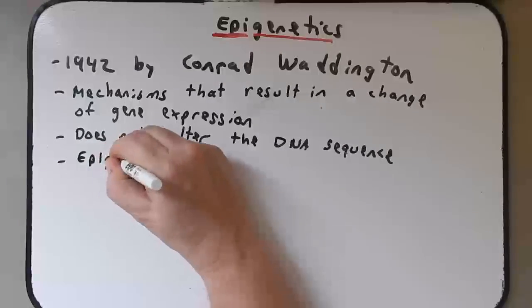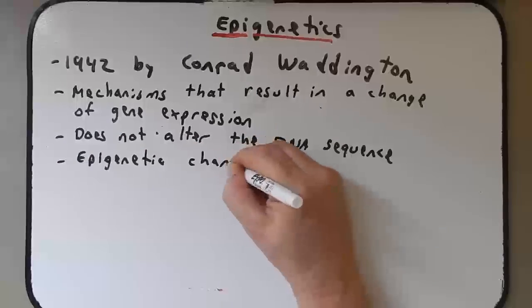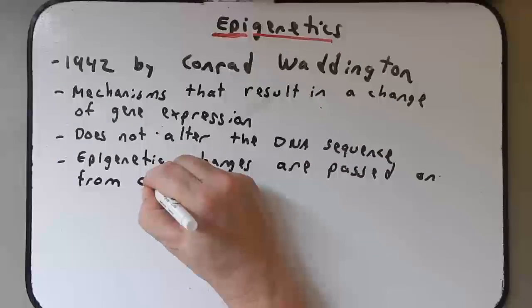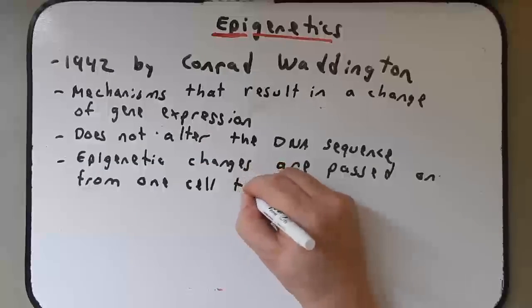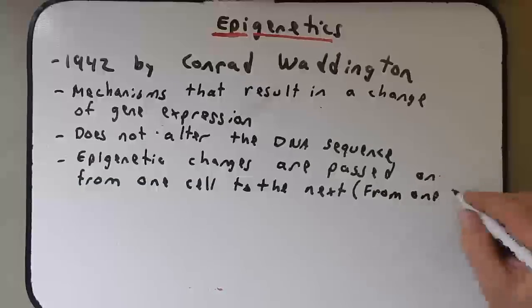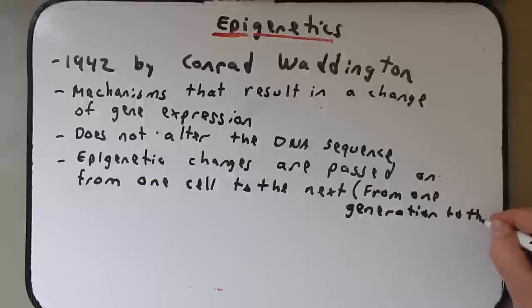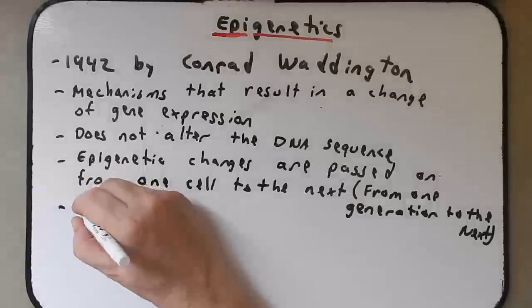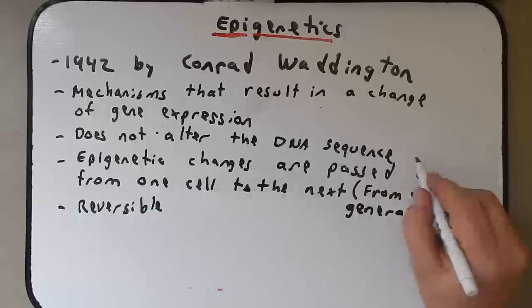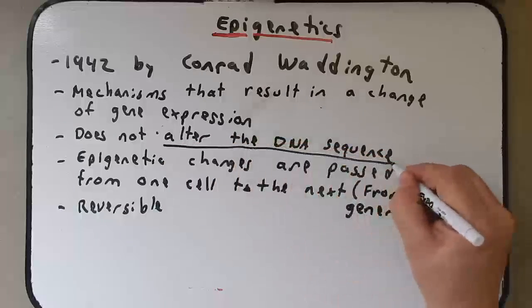However, epigenetic changes are passed on from one cell to the next, and in many cases from one generation to the next. However, they can be reversible. So they will get passed on from generation to generation, but this change in gene expression can at some point be reversed. But one of the most important features of epigenetics is that they are not gene mutations.